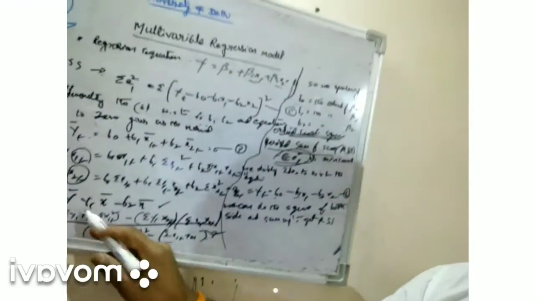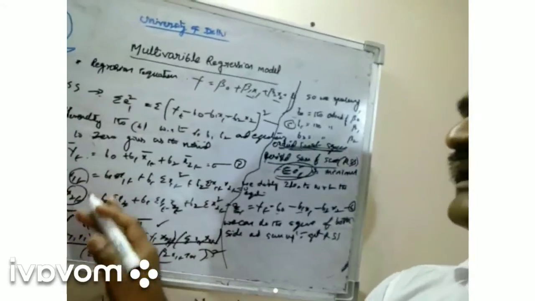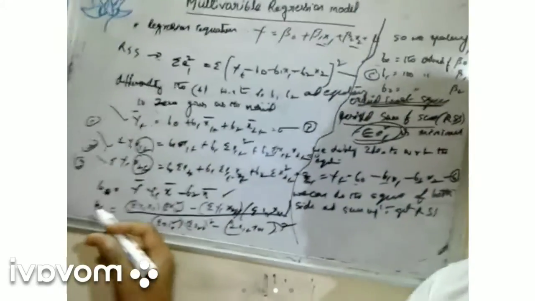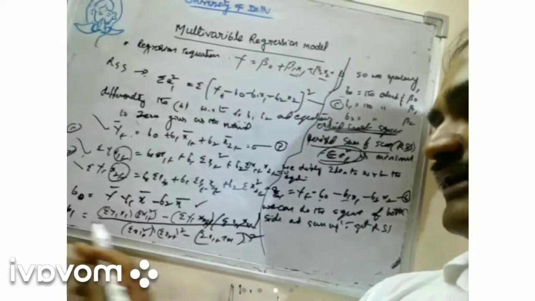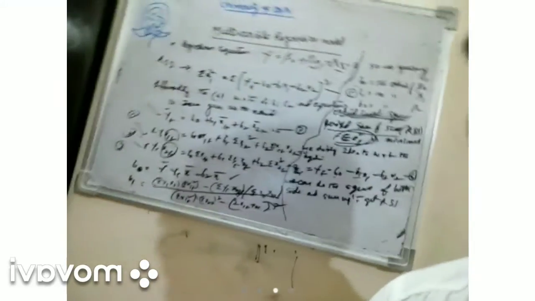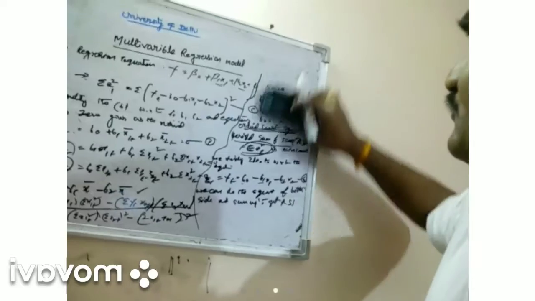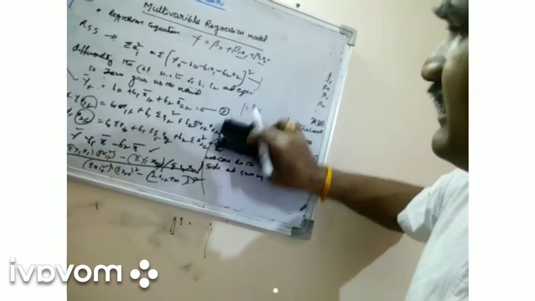So this is the b parameter regression equation. After the differentiation of all the variables, you can calculate b0 to this level, and b1 is this much. What about b2? The same way, you can write b2 as well. I can write it here. What is b2?